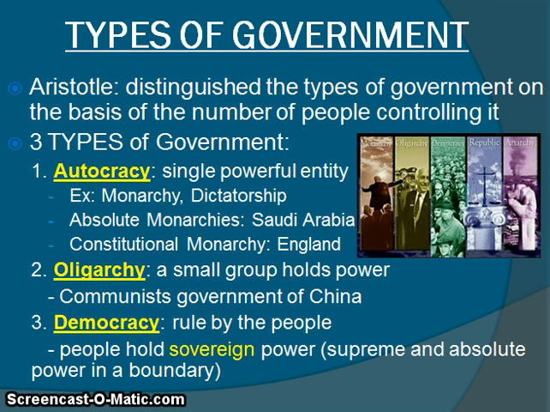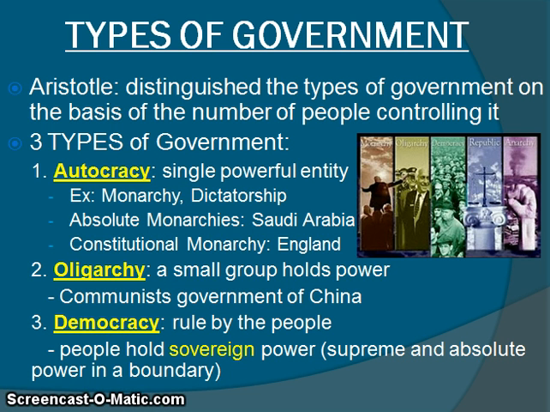There are 2 different types of monarchies. All right, constitutional monarchies are like England. They have some sort of parliament or Congress that's also helping control the government, not just the monarchy. The second type of government is an oligarchy. Oligarchies are where small groups hold power. These really are the communist governments of China, Cuba, and the old Soviet Union.